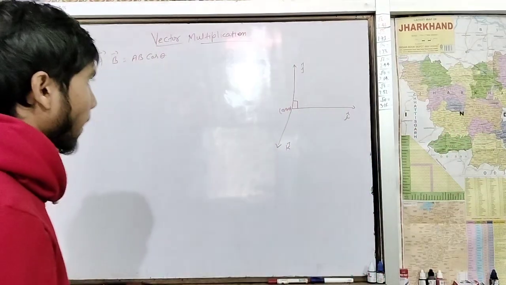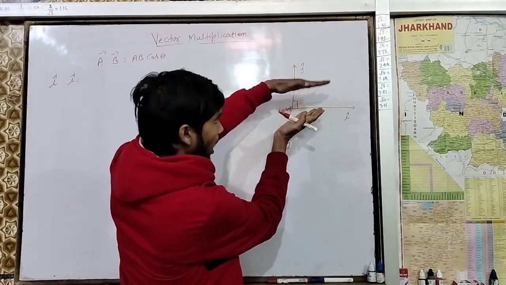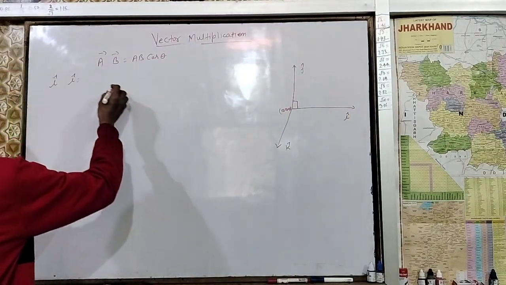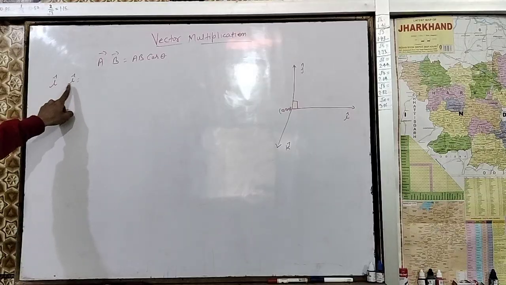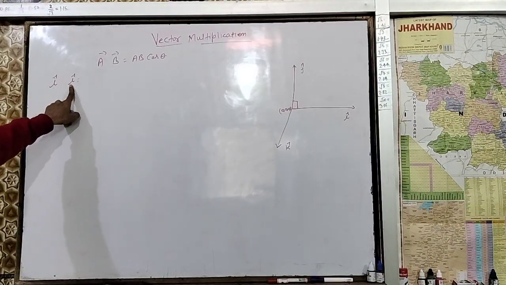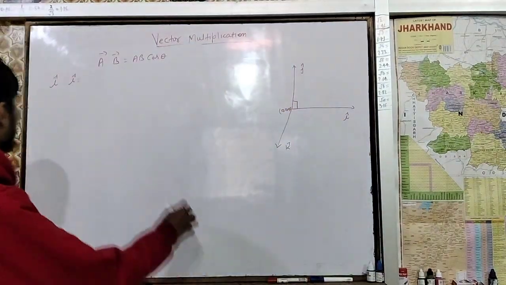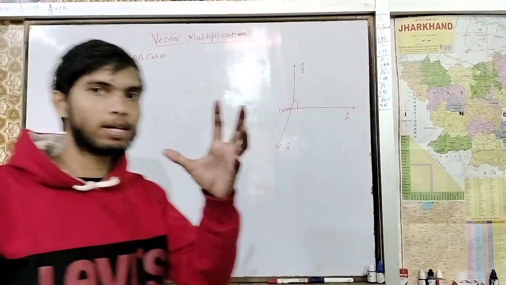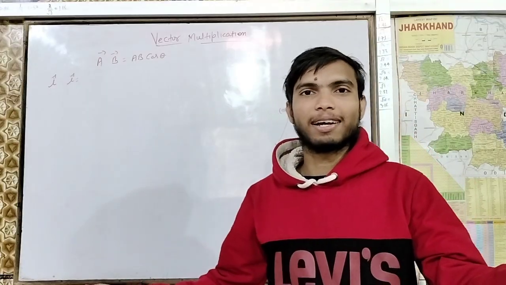If these two vectors are along the same direction, the magnitude of this will be 1 and the magnitude of this will be 1. So 1 multiplied by 1, and then cos 0 degree will be 1. Always remember we have a unit vector, so the magnitude will always be 1.